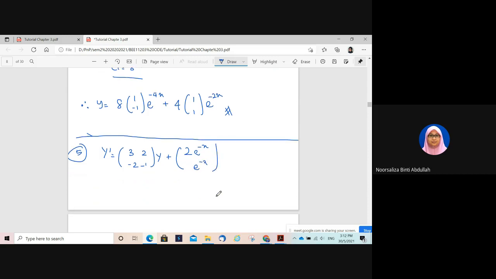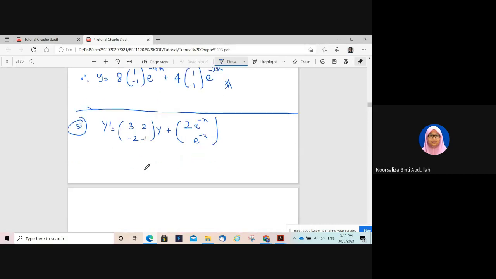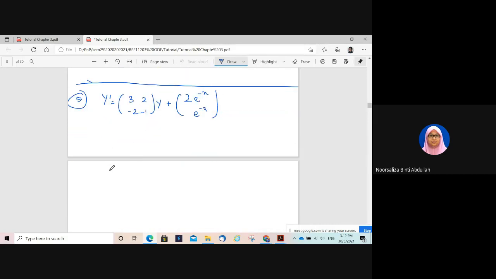So this one is non-homogeneous. For non-homogeneous, first you have to find yc. yc is the solution of the homogeneous system. So to find yc, you have to find lambda.